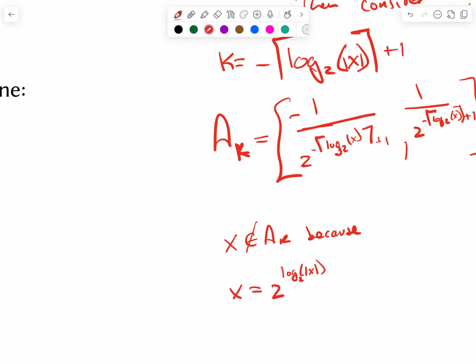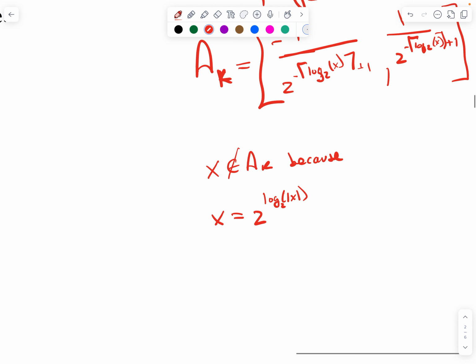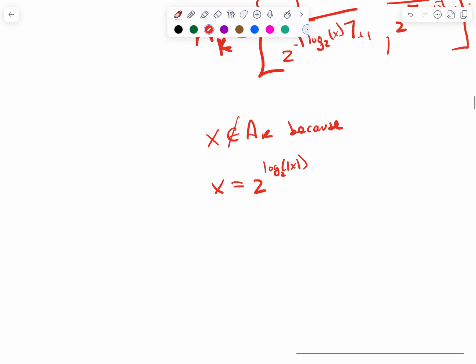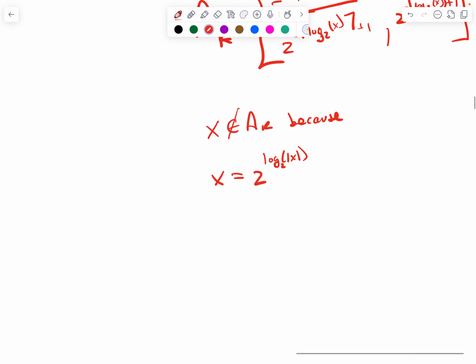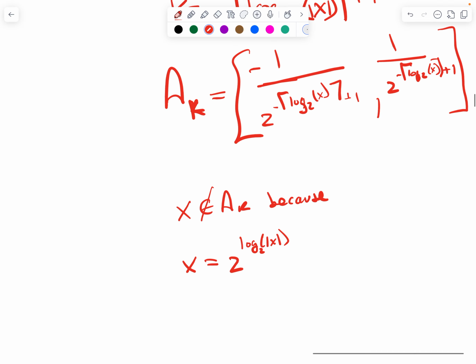You've got this whole sign issue here. Let's just assume x is greater than 0, so you have a positive number. If it's negative, you could fool around with this and make it work the same way. But anyway, this is the actual value of x, because exponentiation and logarithms are inverse functions of one another.